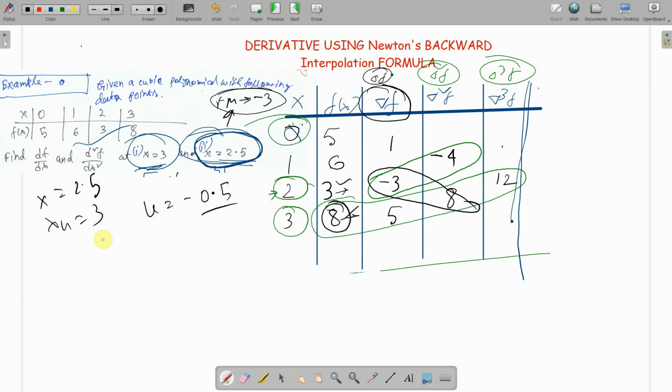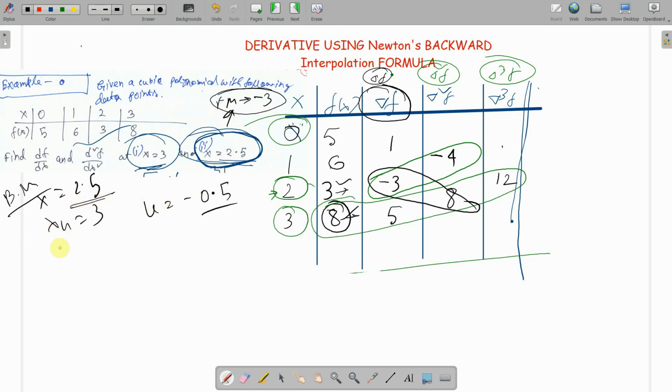So the u value is exactly equal to -0.5 for the backward method. Okay, now you have to find out the value at 2.5. At 2.5, do that. So what will be the formula? No, not 1.5, it's 2.5. At 2.5 we have to find out.